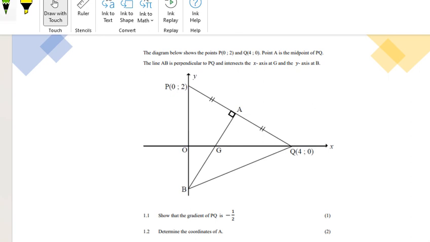Remember, I told you that we will have to use the midpoint formula.